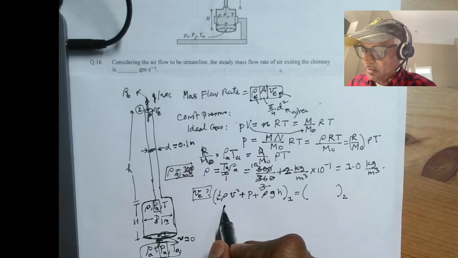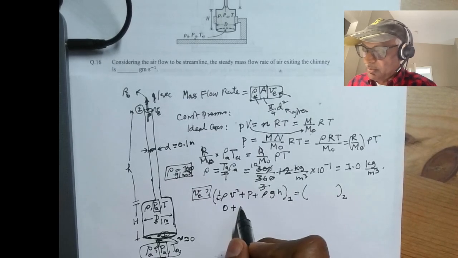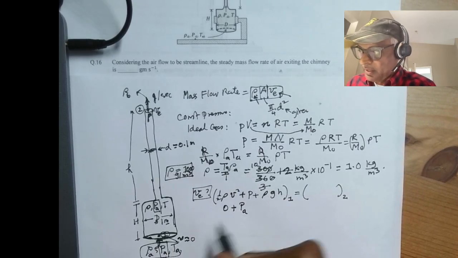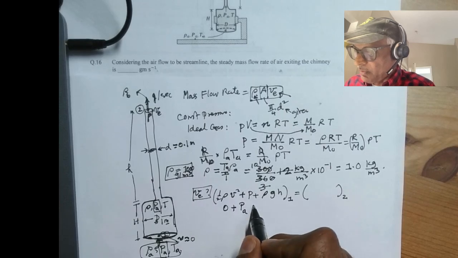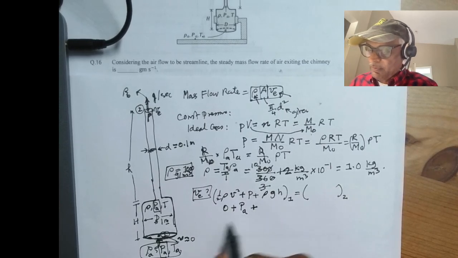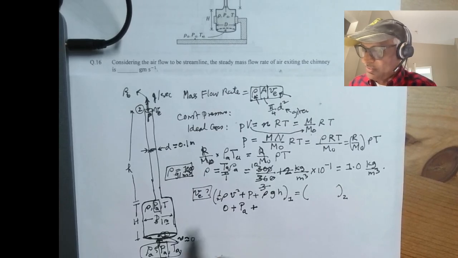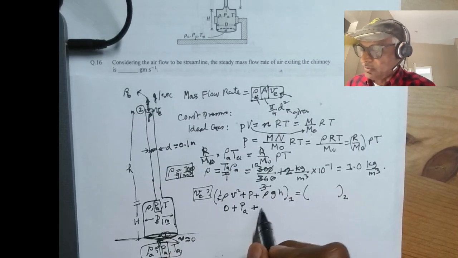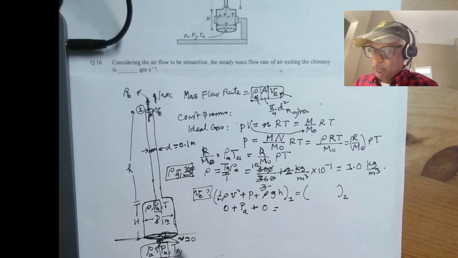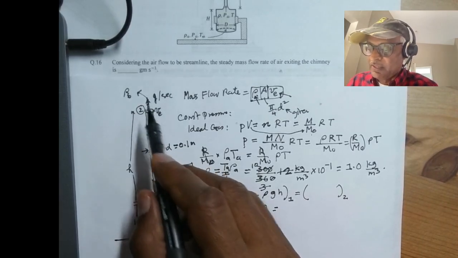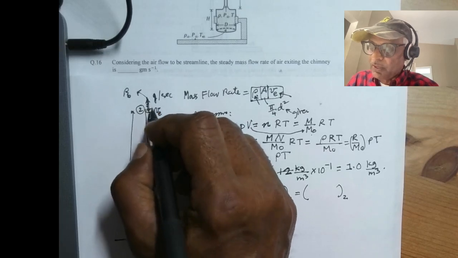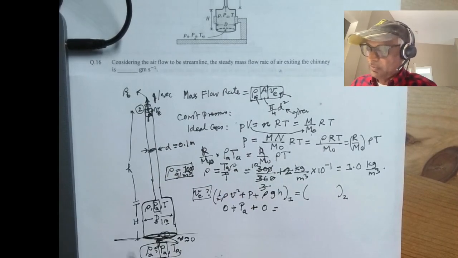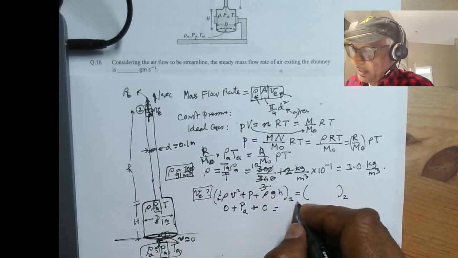So this is 0. Over here is P_A, and you have rho_A gh. This height is 0, so we have 0. When we go over there, we have to be very careful with the potential energy.